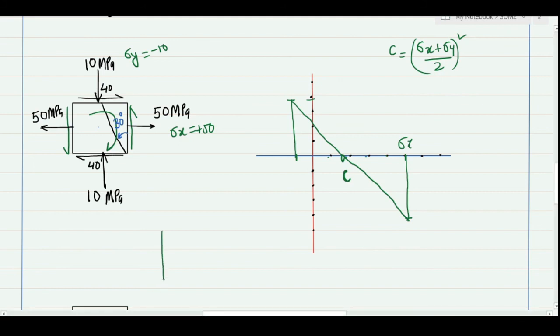When we have a Mohr circle, the topmost point corresponds to your maximum shear stress, and when you draw a vertical line, it is going to join the center of your Mohr circle. So for your maximum shear stress plane, the normal stress is represented by the center of the Mohr circle. That means the center of the Mohr circle represents the normal stress value corresponding to the maximum shear stress plane.